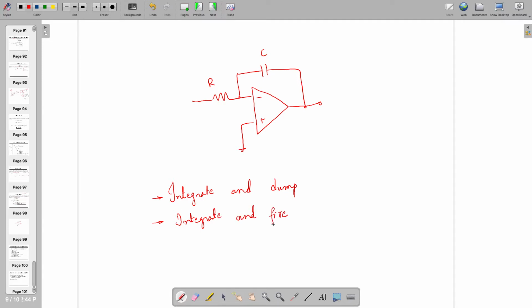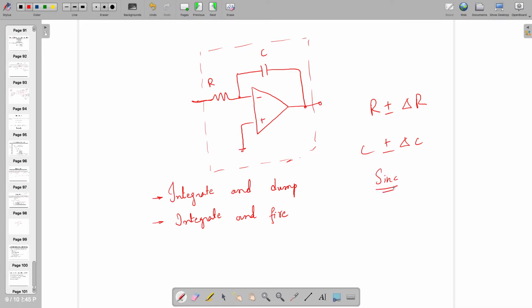The structure of integrate and fire is a little bit different, but it still follows the same principle. It will have integration, or RC. The most important part is RC. RC is the first block, and if R is changed by some delta R and C is changed by some delta C, you cannot actually remove the 50 hertz, or whatever you want to use as a sync function.